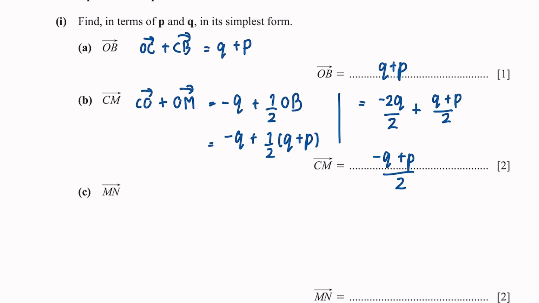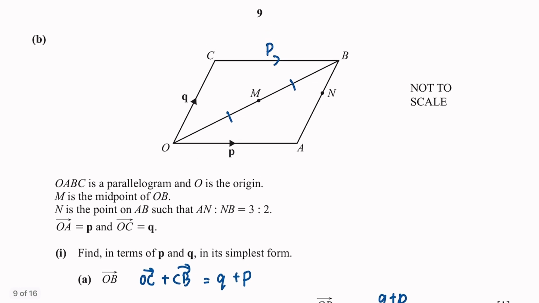Find MN. MN is equal to MB minus BN. This is MB and minus BN.